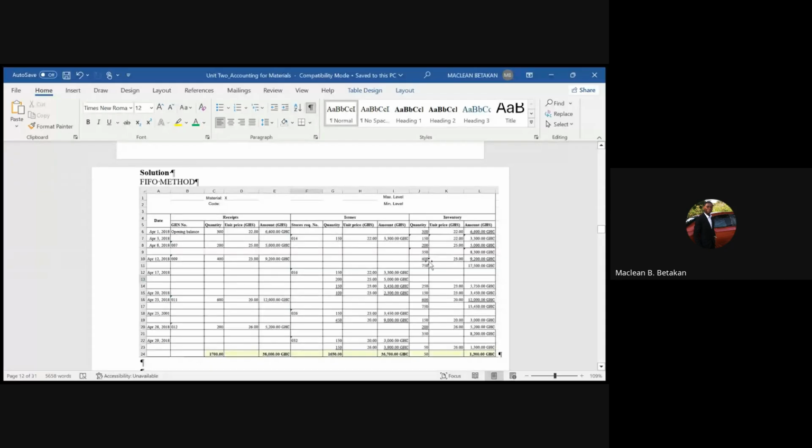We add 400 to 350, you get 750. You add 9,200 to 8,300, you get 17,500. So what we have in inventory is now 750, and the amount is 17,500. So you cannot issue more than 750.